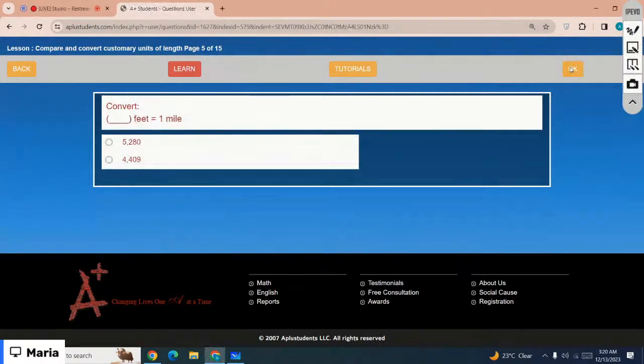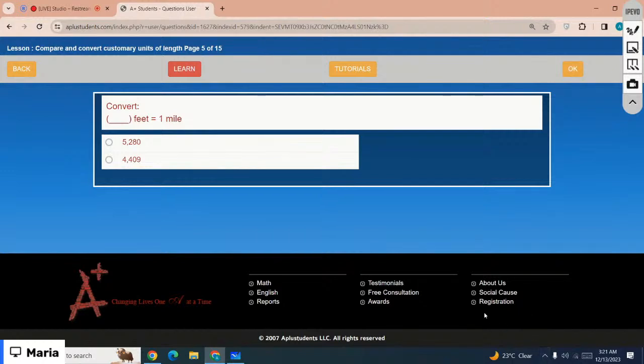Okay, convert 1 mile equals how many feet, which is the correct option? 1 mile equals 5,280 feet, right?